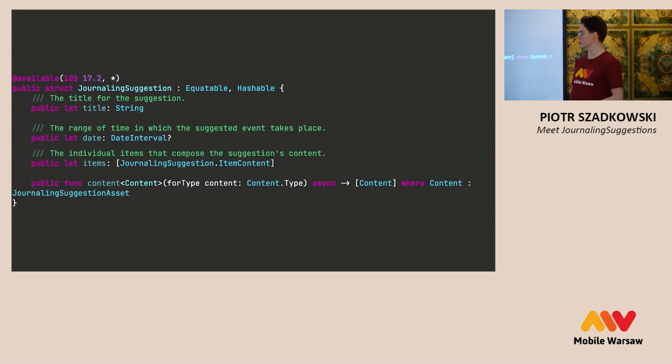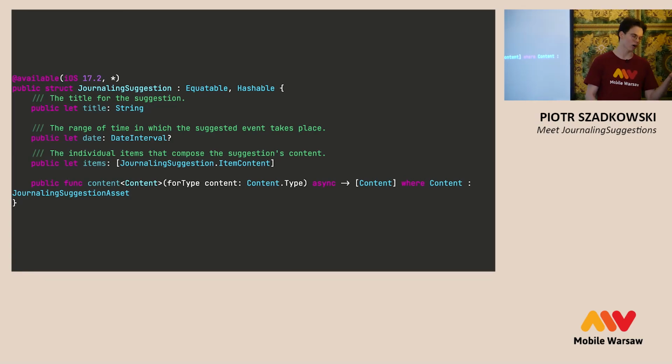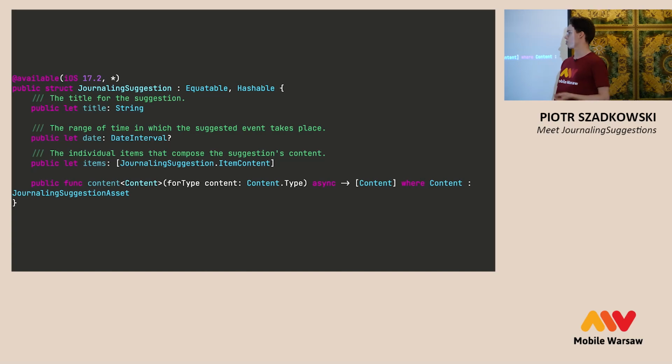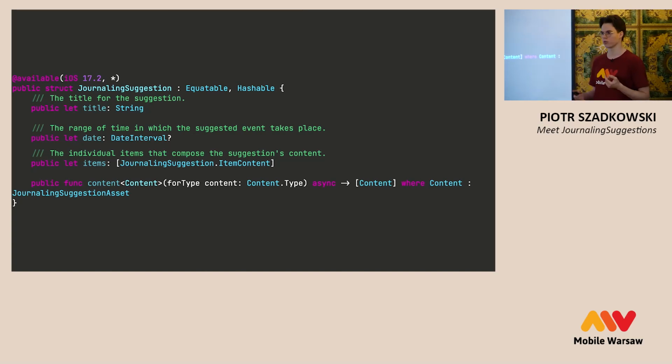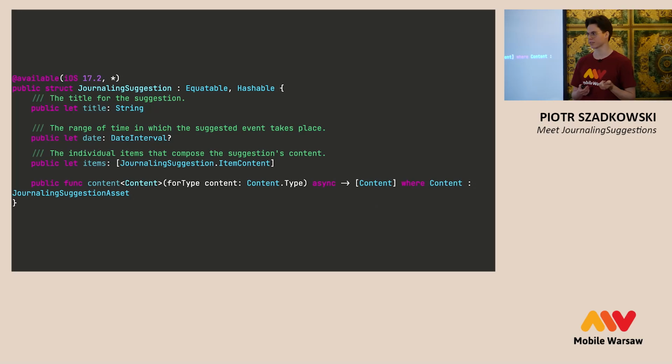There will also be items, which are the most important, because there can be photos, workouts, live photos, locations, music, podcasts, a lot of stuff. And then you have a method to get some content from the suggestion, because you don't know explicitly what it is. You need to ask the system, or the suggestion, for those exact things. So you kind of need to guess, and we'll come to this later.